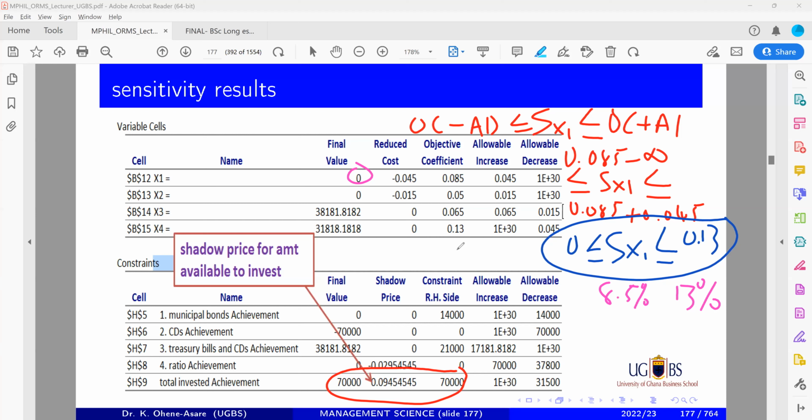That is why, note it, municipal bonds has a reduced cost value, which is negative. Because you are not investing in it. The opportunity cost of investing in it, given that it is 0 now, is that 4.5%. So currently, the interest rate is 8.5%. If I add 4.5%, the absolute value of the reduced cost, that will give me the 13%.